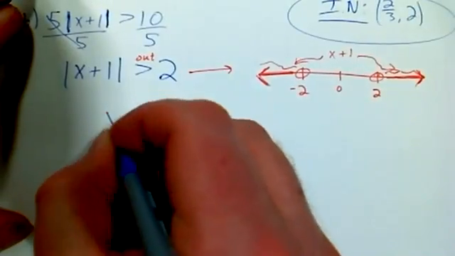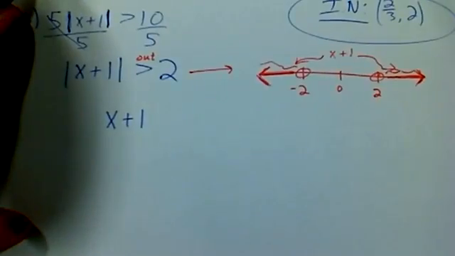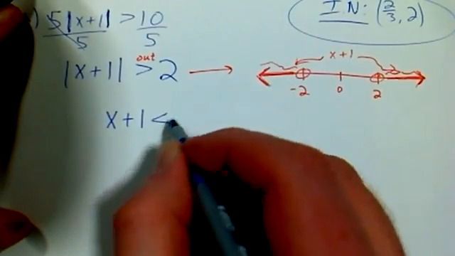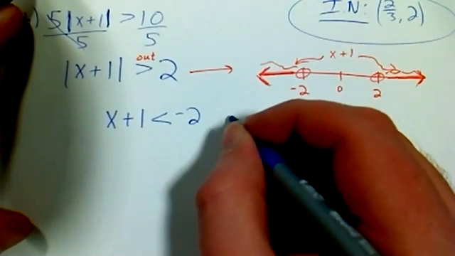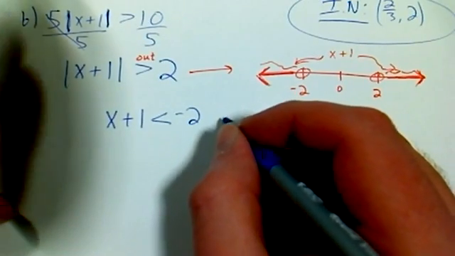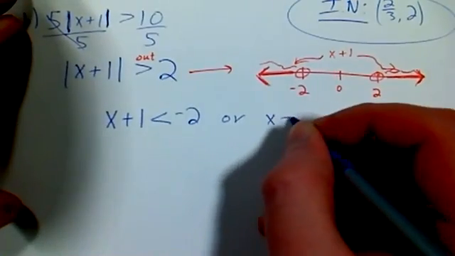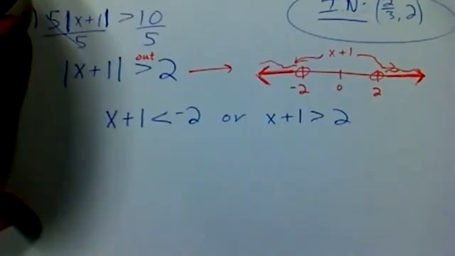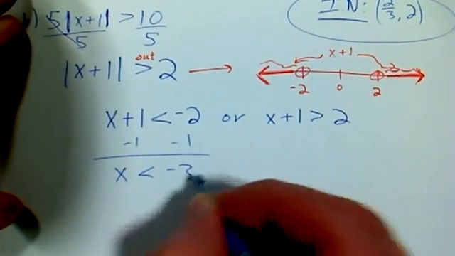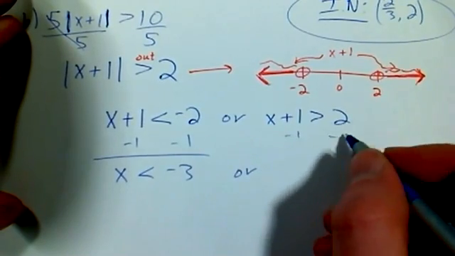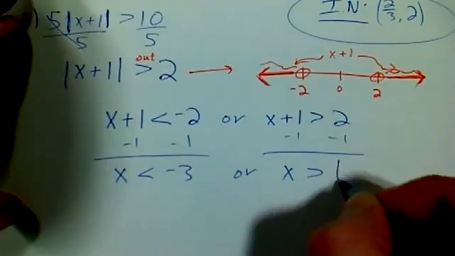I can say that x plus 1 is less than -2. That's one situation, sorry, or x plus 1 is greater than 2. And from here, these are pretty easy to solve. Or x is greater than 1.